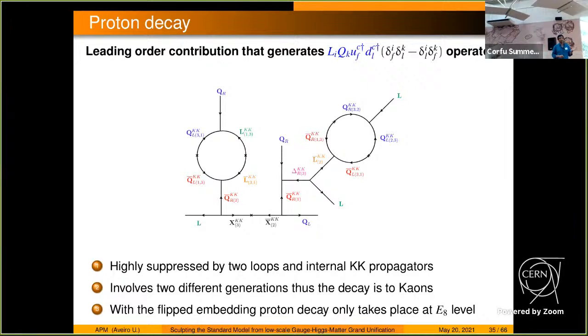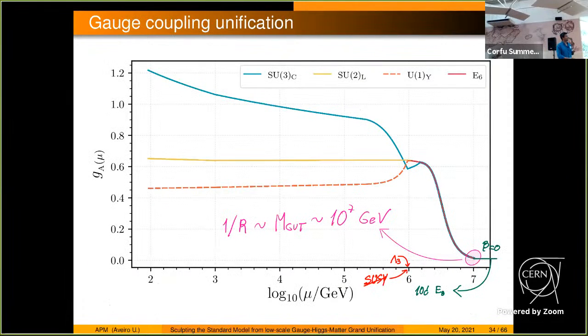And the point here is that this is the leading order contribution, with a lot of KK modes running inside, and two loops. But it's not only the two loops that give the strongest suppression. The strongest suppression is coming from the size of the gauge coupling here. This is, in fact, like 10 to the minus 2.